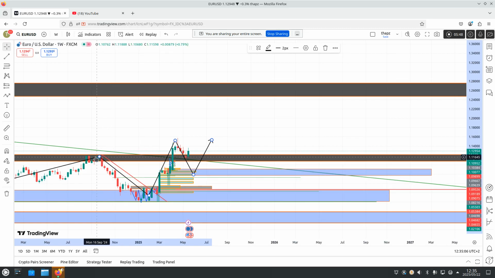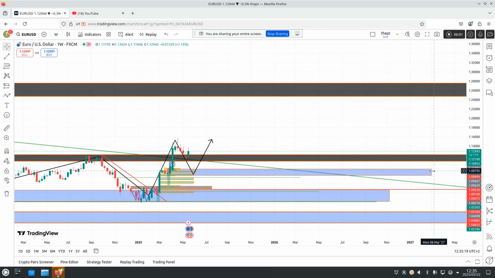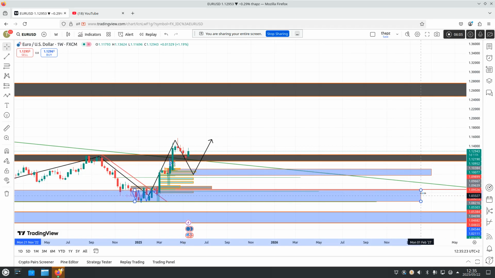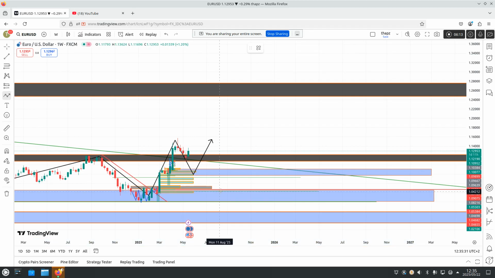Breaking the latest high shows that price is being driven up. We should expect a buy between these two blue lines, these blue areas, which are called demand zones. Between these two demand zones, we should expect a buy position.